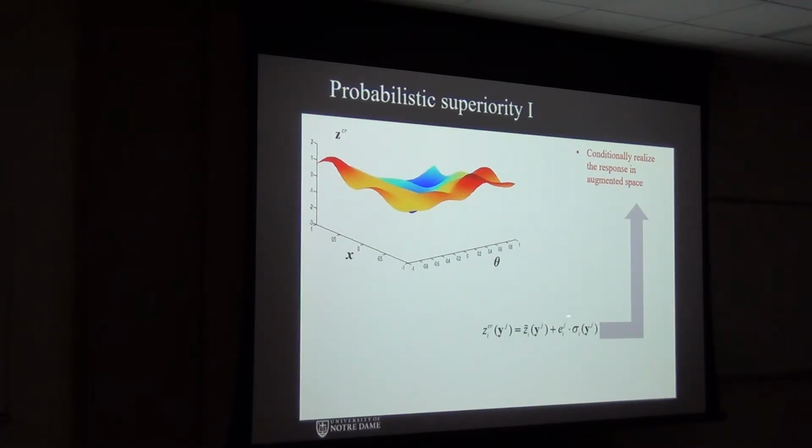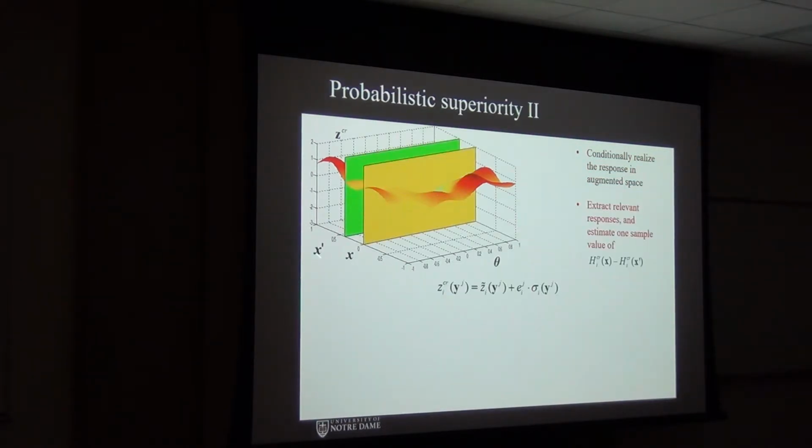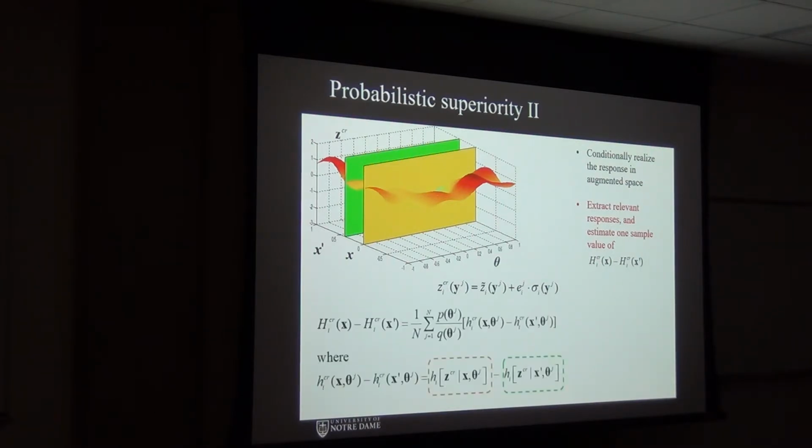You just need to create some correlated Gaussian random numbers. So getting this surface is computationally very inexpensive. You get conditional realizations of your response, and because you are always evaluating for specific x's, you look at all the possible theta information that you have for those two specific x's, and then you evaluate what the objective functions are that correspond. Ultimately you don't care about what each of them is, you care about the differences.